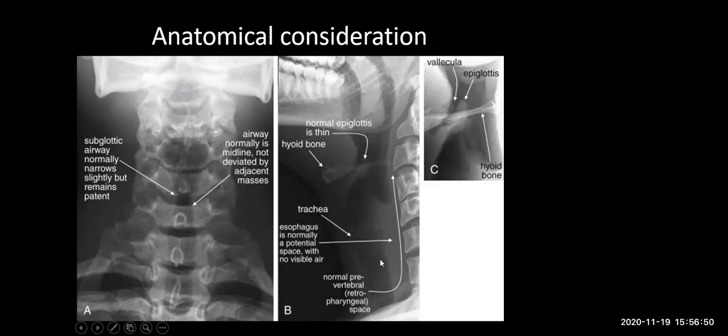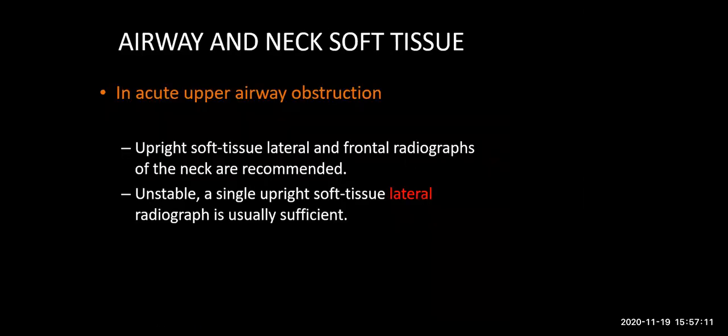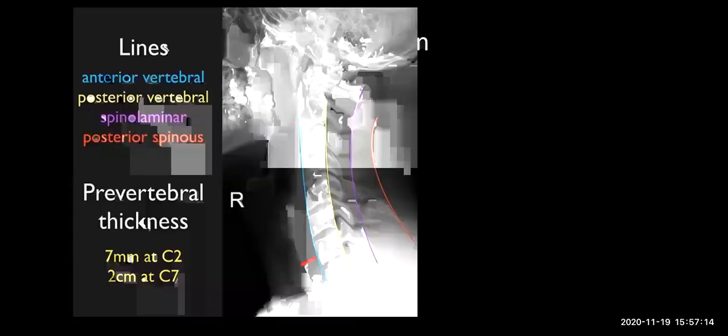You need to identify your normal anatomy, and additionally you should always comment upon the prevertebral soft tissue. The prevertebral soft tissue should be homogeneously seen, thin at C2 and slightly thicker at the lower cervical area. I'll go into more detail on the upcoming slides. This is again a lateral radiograph.